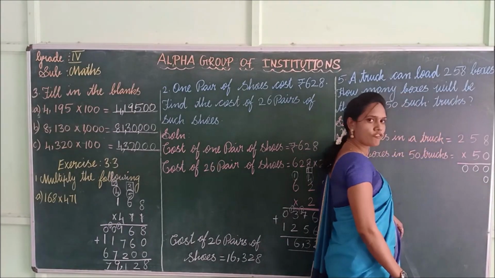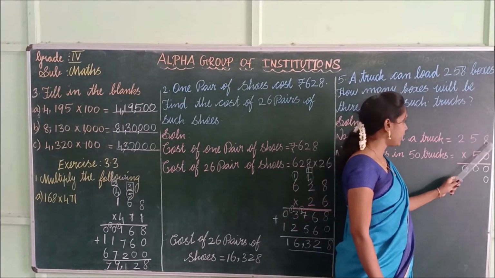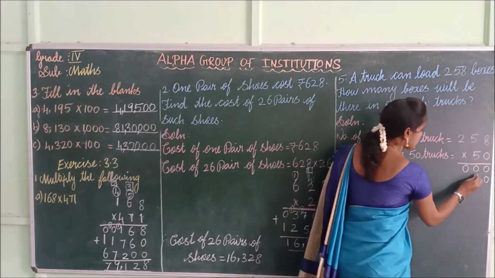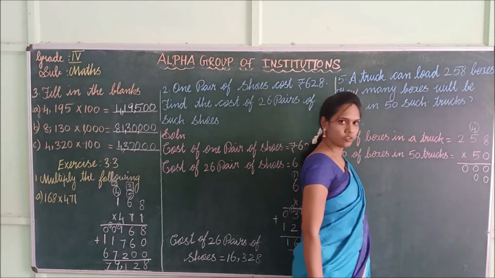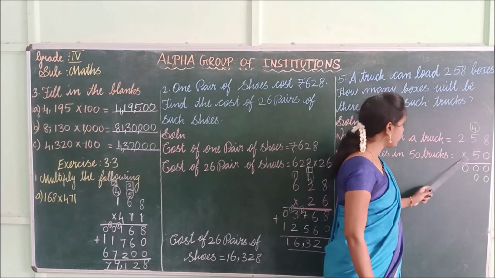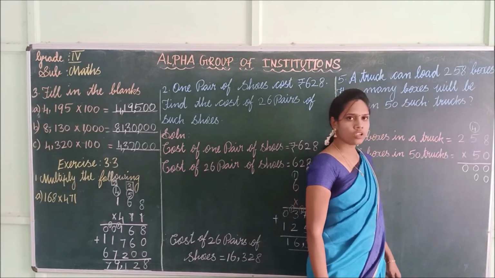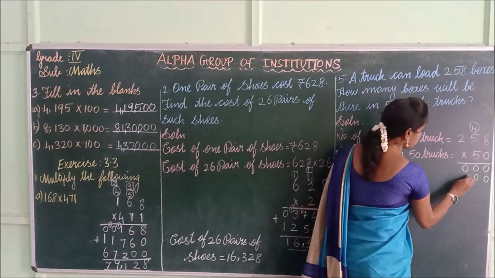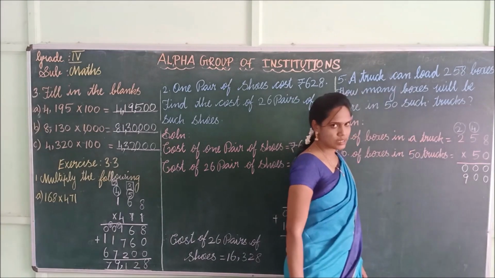In ones place you have to put 0 or a cross mark. See, 5 eights are 40. 0, and 4 should be carried over to the next place value. Now 5 into 5. 5 fives are 25. 25 plus 4, 29. So 9 should be put down and 2 should be carried over to the next place value.